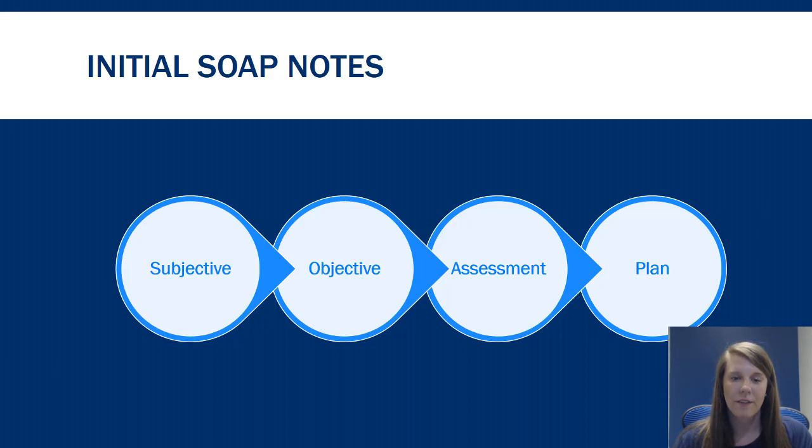So in the subjective part, there's a little bit of continuity between the different places, so keep that in mind. But within subjective, we're talking about what we see. If you notice that the patient is limping into your athletic training facility, that's something that's in the subjective part.